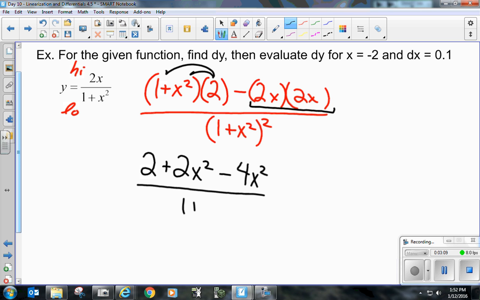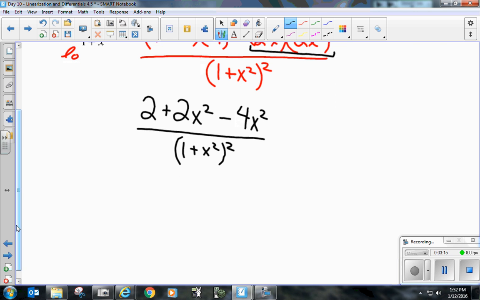All over 1 plus x squared squared. So what can I combine on the top there? This is going to equal what? 2, minus 2x squared, all over 1 plus x squared squared.